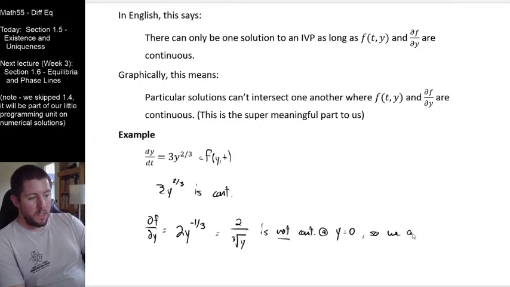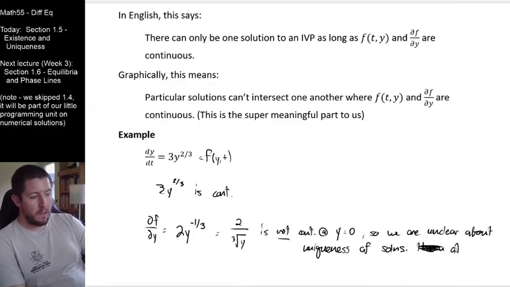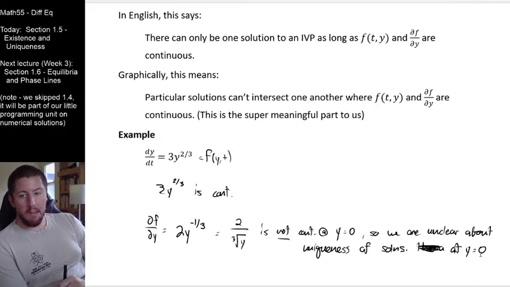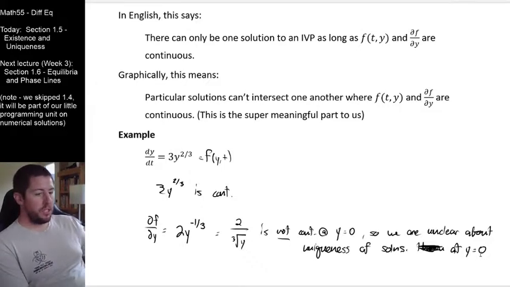So we are unsure about uniqueness of solutions at y equals 0. We don't meet the criteria for the uniqueness theorem with this differential equation because the partial derivative of f with respect to y is not continuous at y equals 0. Therefore, we are not sure at y equals 0 if we have uniqueness of solutions at that location.